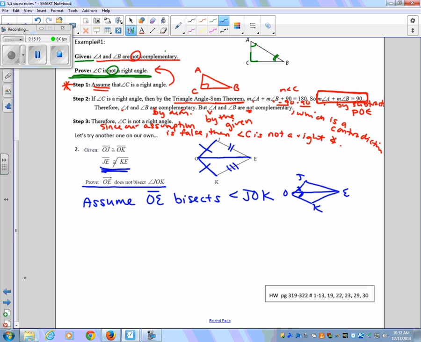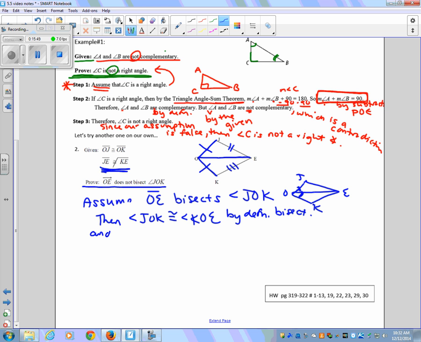Well, if that's true, then think of a regular proof, what would the next thing you would be able to say be? Then angle JOK, measure of angle JOK. I'm sorry, let's not do measure first, let's do congruence. Then JOK is congruent to KOE by definition of bisect.